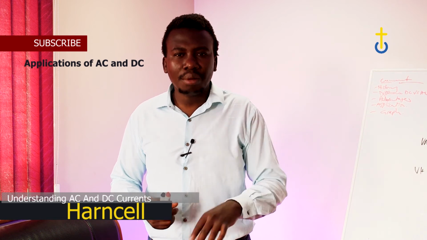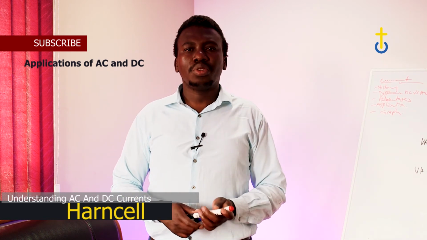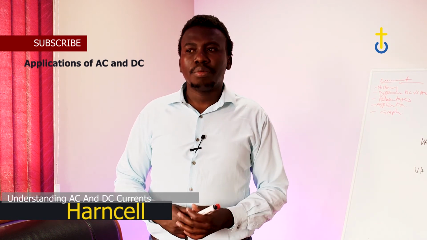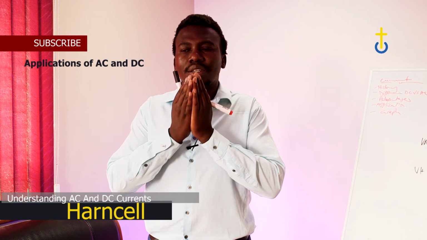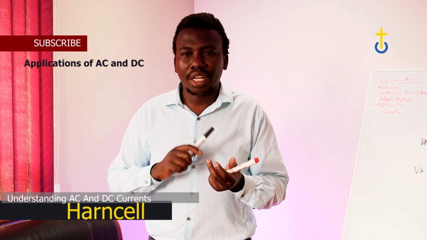But now when you come to appliances or electronics that have complex circuit boards, you realize that we now move to DC. Why? Because DC is more stable, and by nature, these appliances require stability, especially appliances that have some processing. You get, especially for electronics.